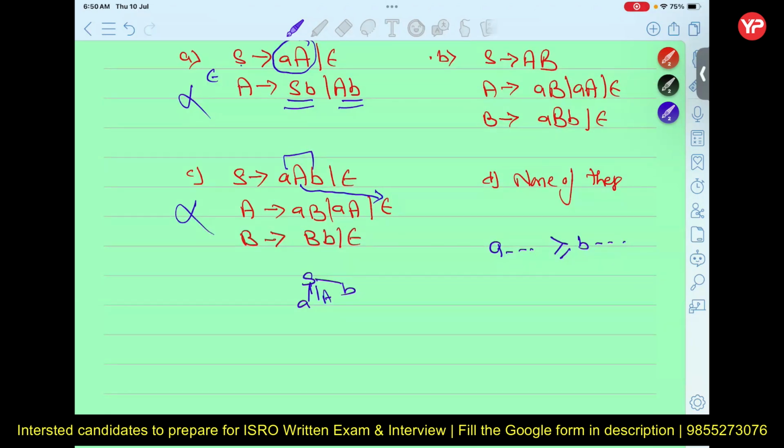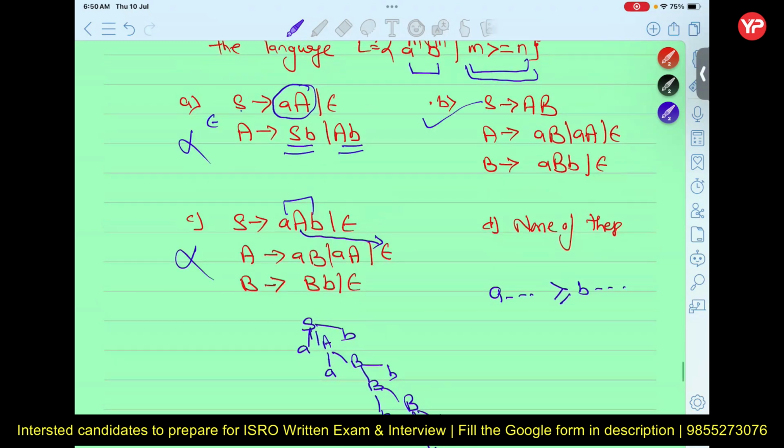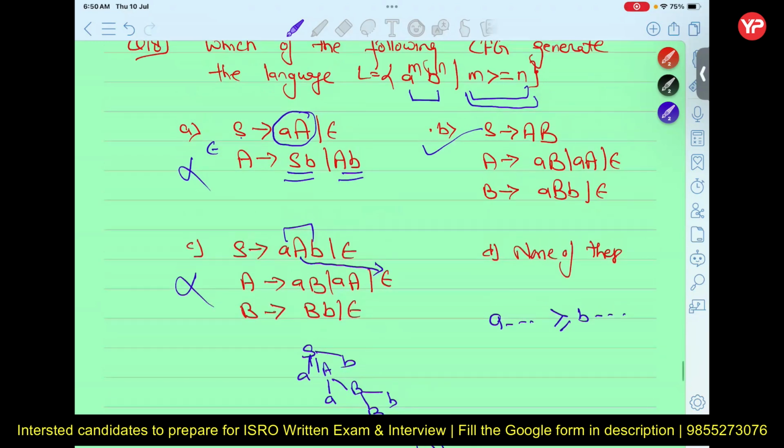And next, if A generates AB, then B generates BB, and again B generates BB. It may be the case. So here the number of B has to be more. There is a chance. That's why the correct answer is B, and you can check it. B gives you the right options.